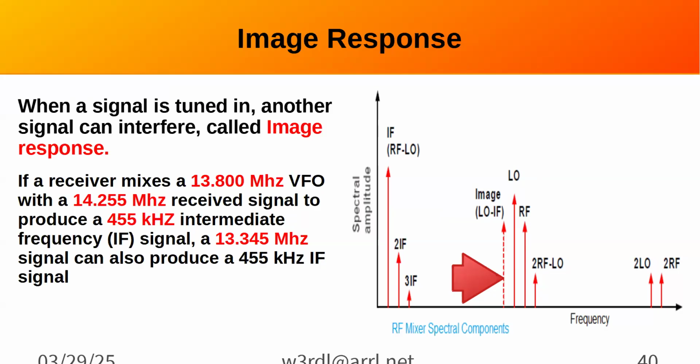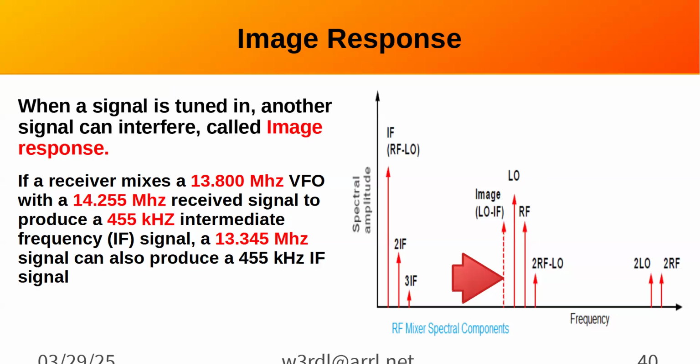And that's what this chart is kind of trying to show, where the image shows up. The example there, you got a 13.8 megahertz VFO. You're receiving a 14.255 megahertz signal.